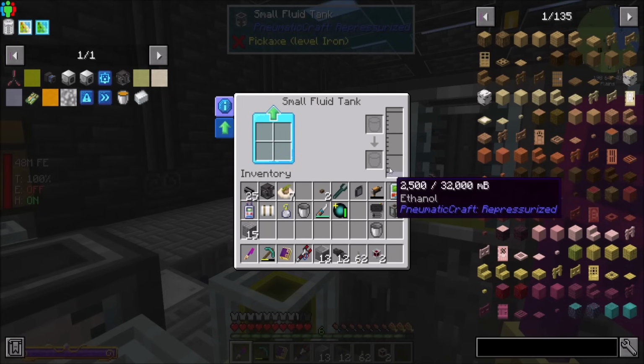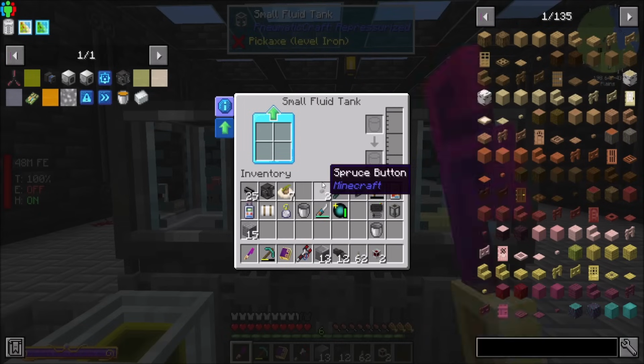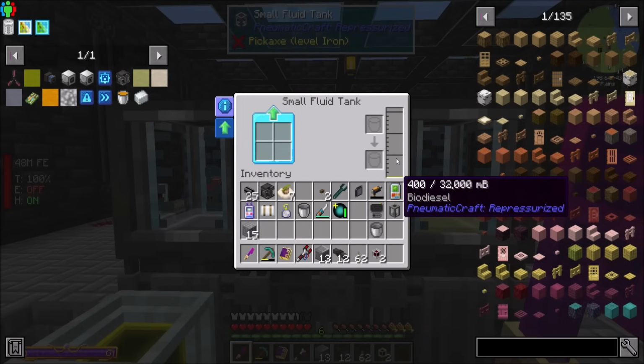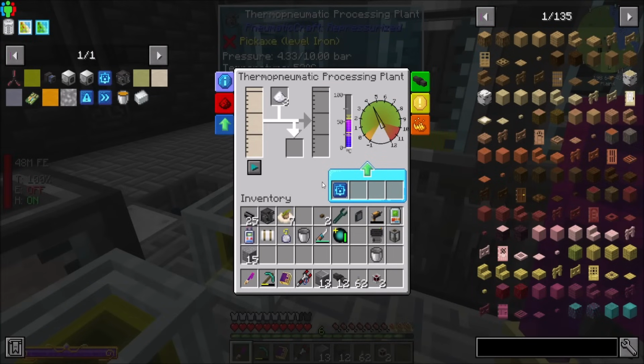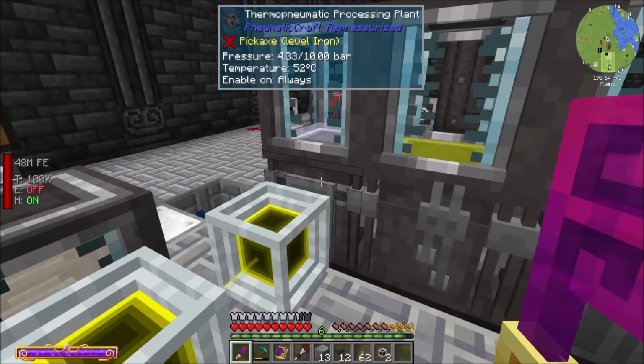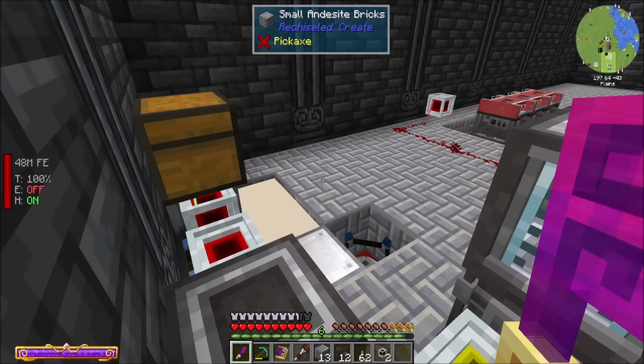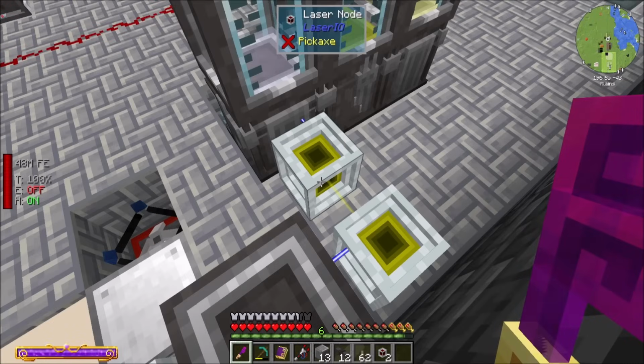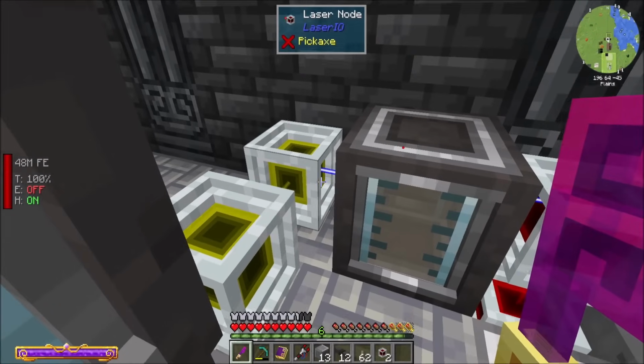So I'll just leave these ethanols and vegetable oils here, but now we've got biodiesel auto production. All we need to do is feed in more sugar and potatoes or whatever else I decide to use here. Just sugar, basically, right? Sugar, and we're cool, right? So do I want to link these two? Probably not. Well, I mean, I could.